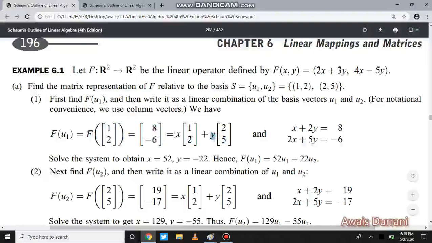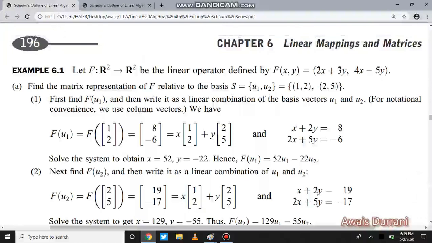And what are x and y? These are the two coefficients which we have written in the form of a11 and a12 and so on. So this is actually a11, this is a12, and so I have written this f of u1 in the form of a linear combination of the elements of the basis. Now if I make it in the form of equations, this becomes x plus 2y is equal to 8, and 5y plus 2x is equal to minus 6.